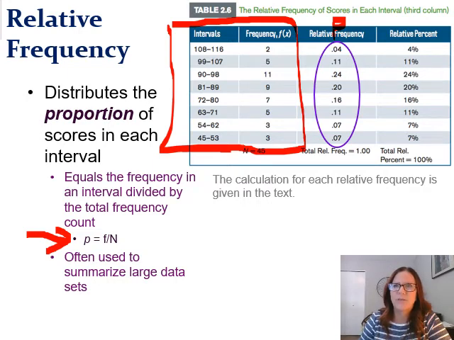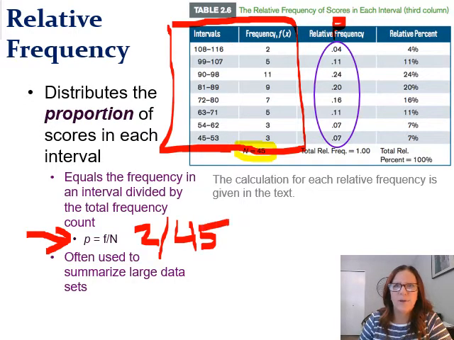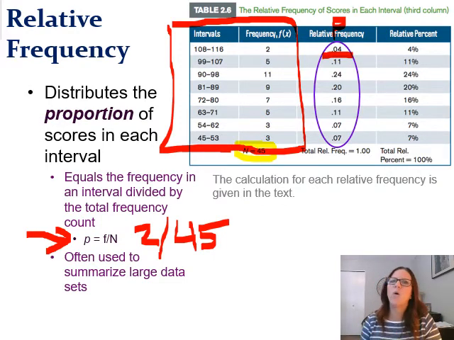So for this first relative frequency, we had 2 divided by 45, because if you'll notice down here, I highlighted this, n equals 45. So we had 2 divided by 45, and then we ended up with 0.04. So relative frequency is always reported as a decimal. You never report it as a fraction. It's always a decimal. So that helps to summarize a large data set and say, okay, here's the proportion.